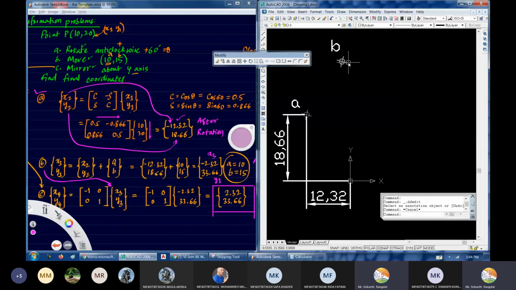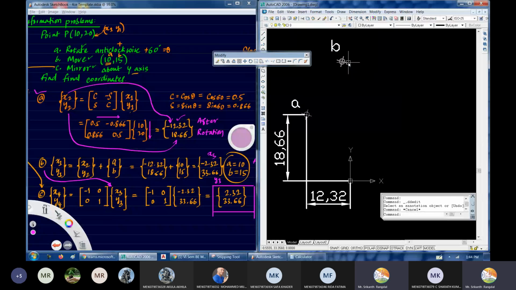No doubts? Sir, point C is not visible here, sir. Point C is not visible, it's here. Okay, I'll do one thing. I'll just reduce the thickness of the dimensions so that you can see the point more clearly. Let's just turn this off.